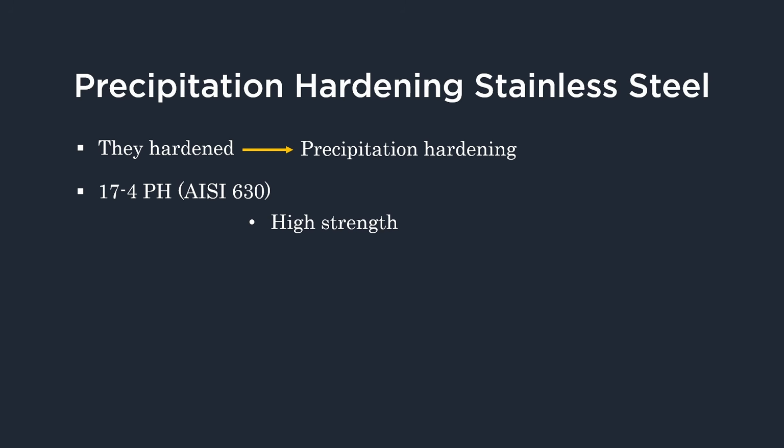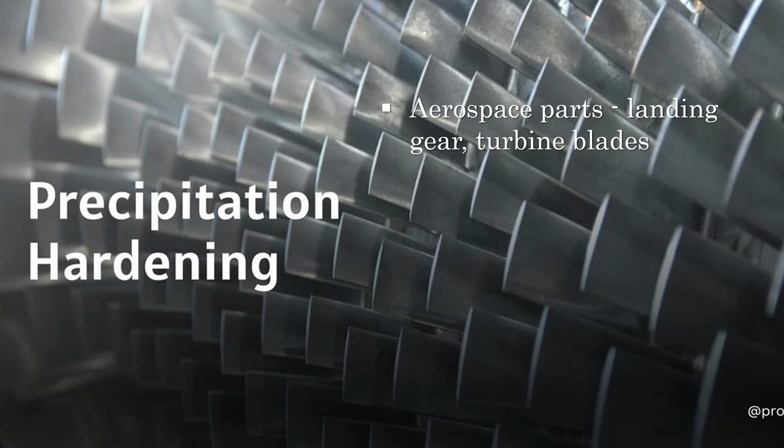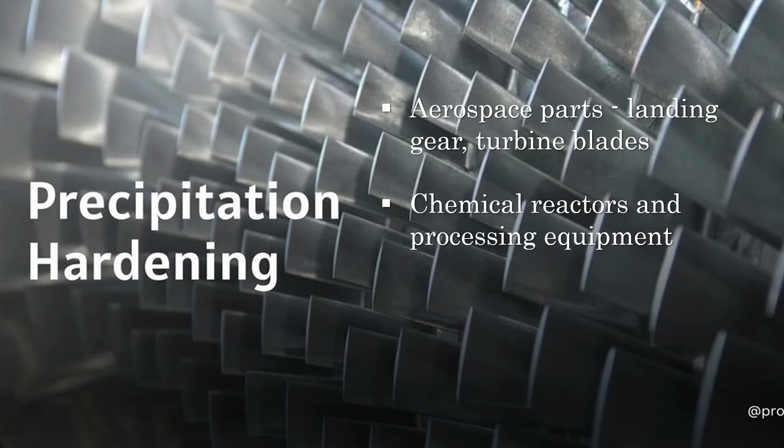They have high strength, good corrosion resistance, and are very versatile. They are much higher strength than 304 and 316. They are used in aerospace like landing gears, turbine blades, chemical reactors and processing equipment, medical instruments and devices.